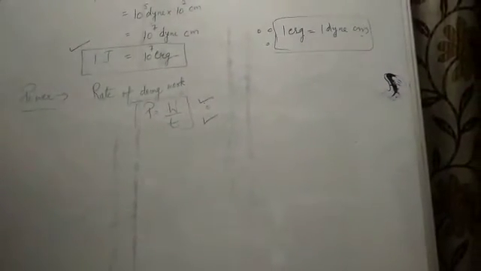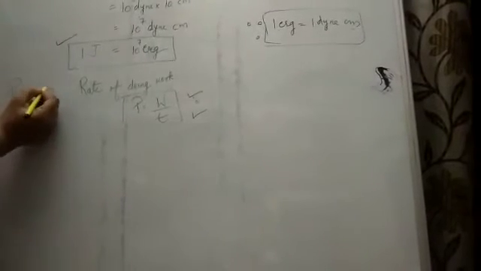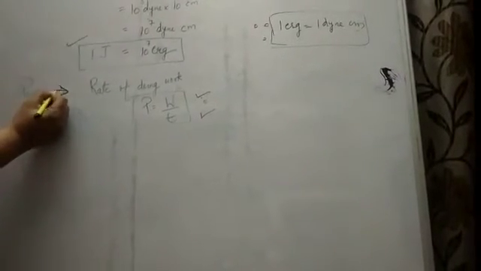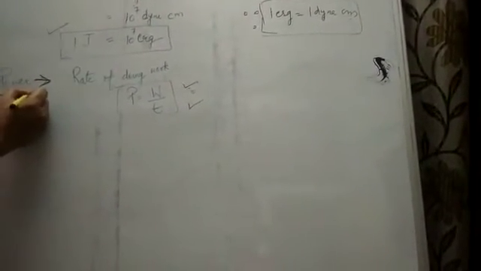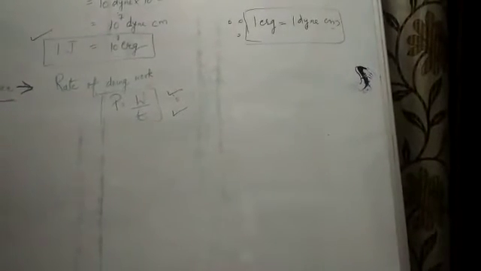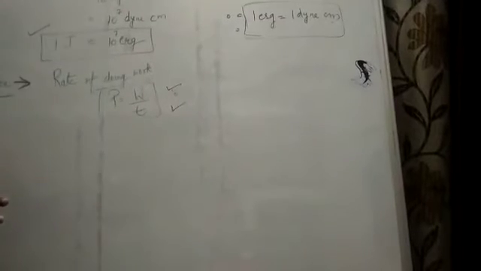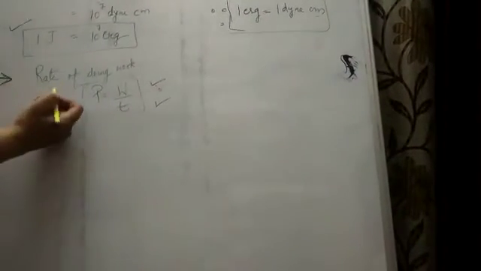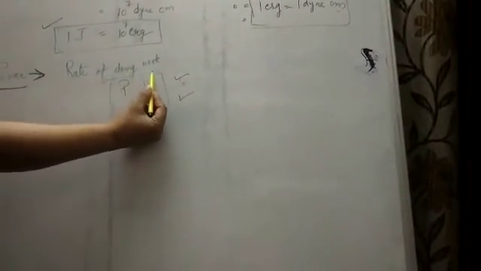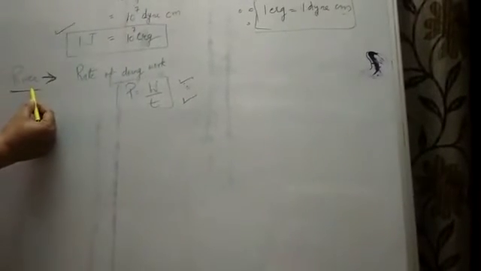Now let us start a new topic, that is power. What is power? Power is the capability to do work, or if we combine it with time, we will say the rate of doing work is termed as power.